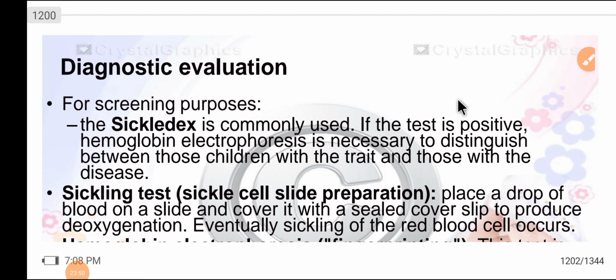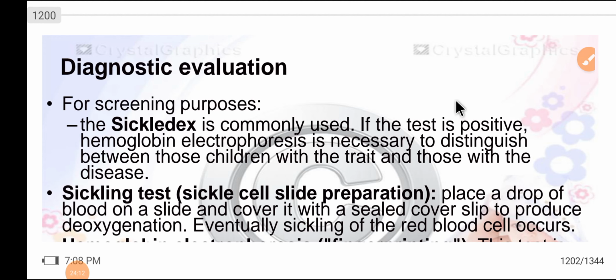Diagnostic evaluation: for screening purposes, the Sickledex is commonly used. If the test is positive, hemoglobin electrophoresis is necessary to distinguish between those children with the trait and those with the disease.